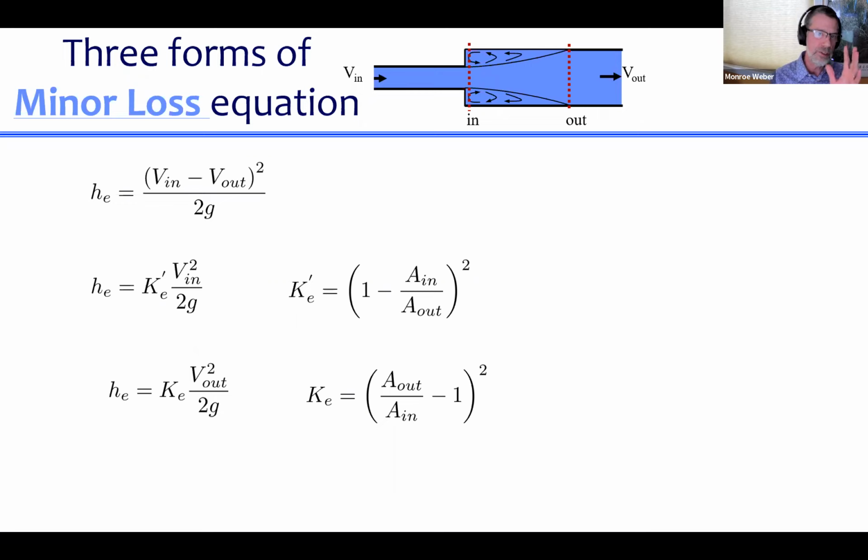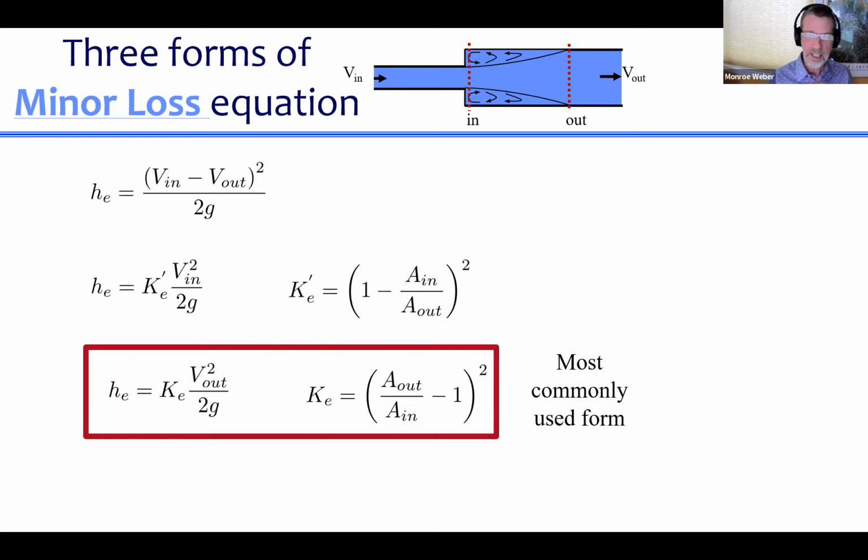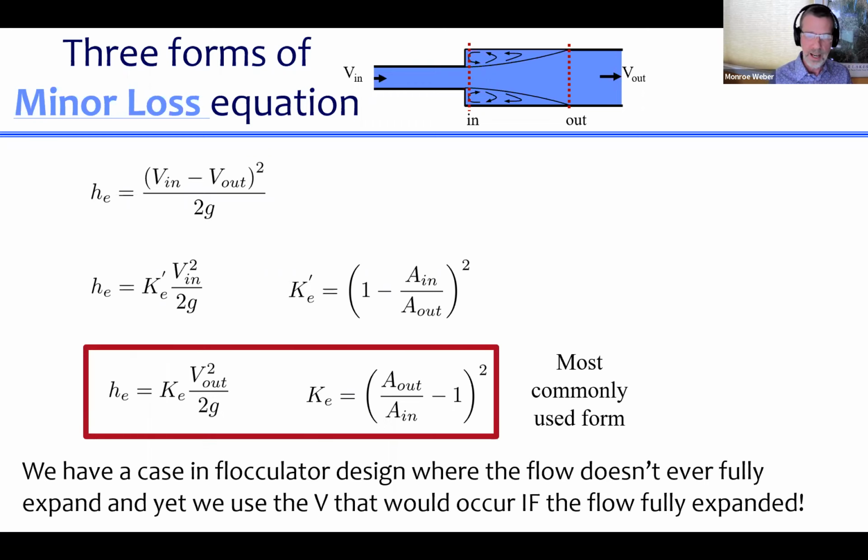The last two show using a minor loss coefficient to express that loss, and you can either have it go with the velocity, the high velocity in the contraction, V in, or the lower velocity, V out. And what changes is your definition of the minor loss coefficient. So that if you've done this right, when you calculate the head loss, you get the same value with either set of equations. That's the one that we use most commonly.